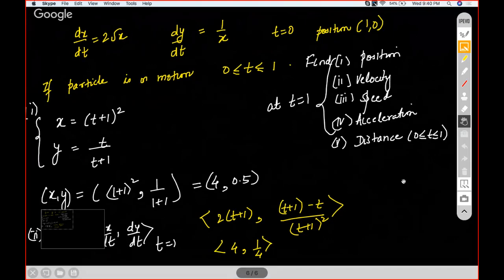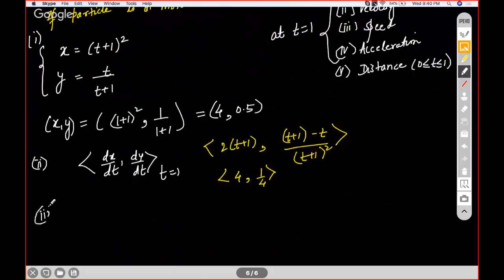Velocity is on speed. What would be speed? So mod of velocity is speed.